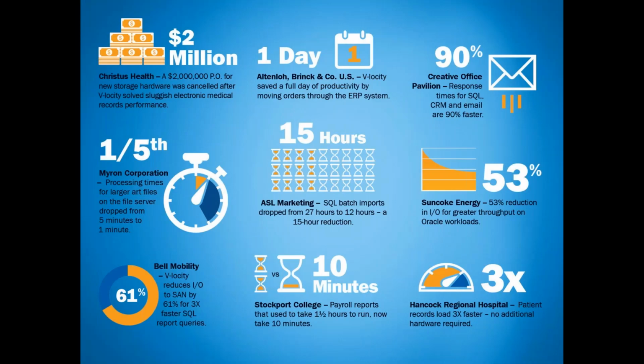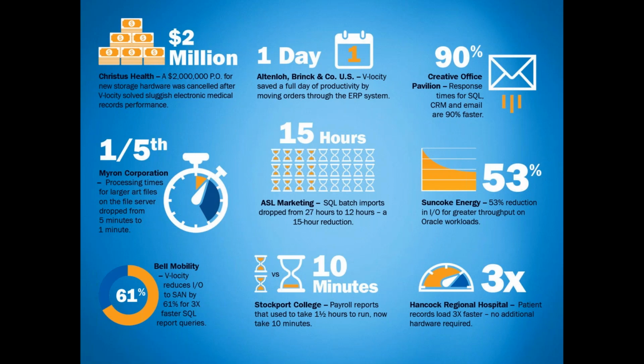I wanted to share a few examples of customers here, and I'm not going to read all of these. You can read them faster than I can speak. But look at this down here, Bell Mobility. They're the Verizon of Canada. They put us in their SQL environment, and because we reduced 61% of their IO to SAN, we increased their SQL report queries 3x.